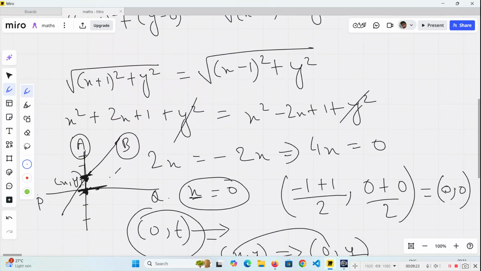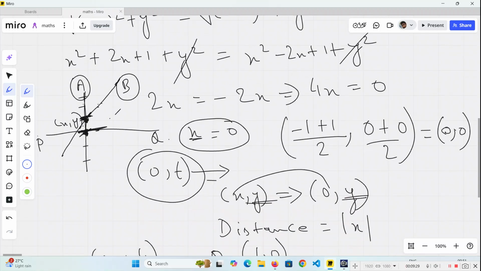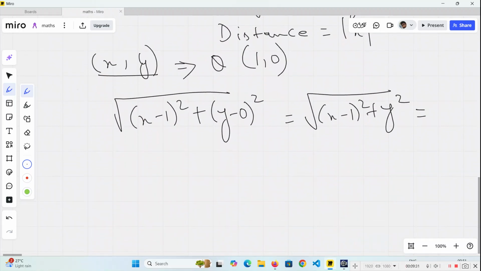This distance is nothing but the distance of B from A, because the AB distance and the BQ distance will be equal. The AB distance we got is mod x.